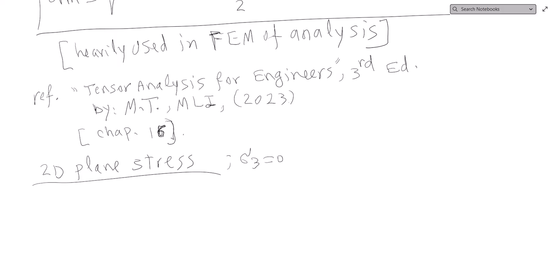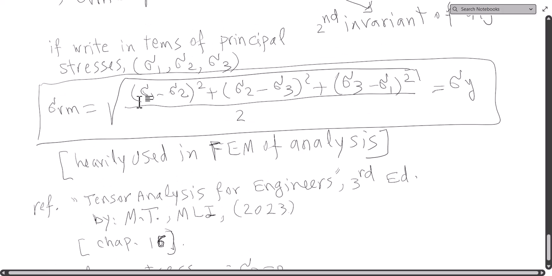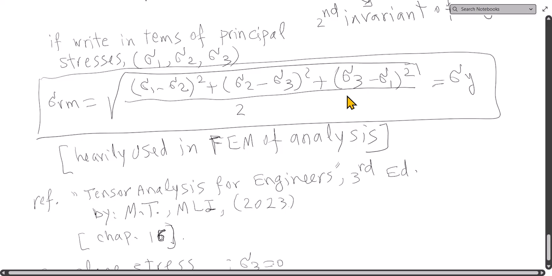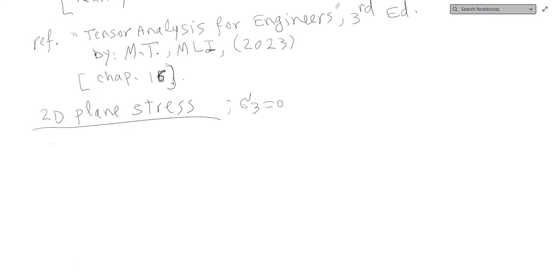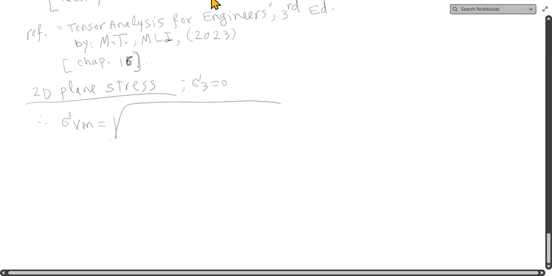If I write this expression with sigma 3 equal to 0, my sigma Vm, von Mises, would be, maybe I zoom out a little bit and come back here.